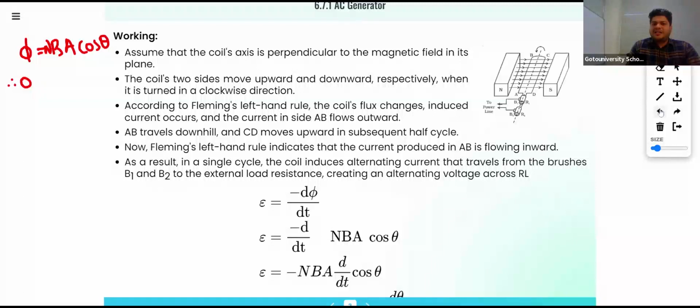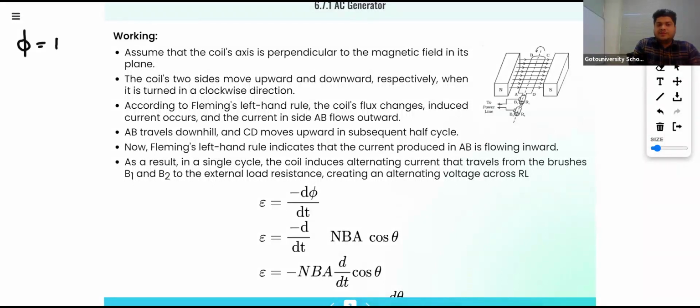We have to find E, the induced EMF. What is phi?